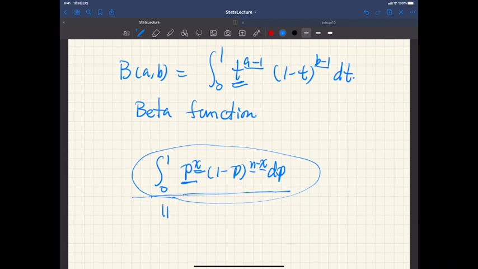So this is the beta function with parameters x plus 1 and n minus x plus 1.